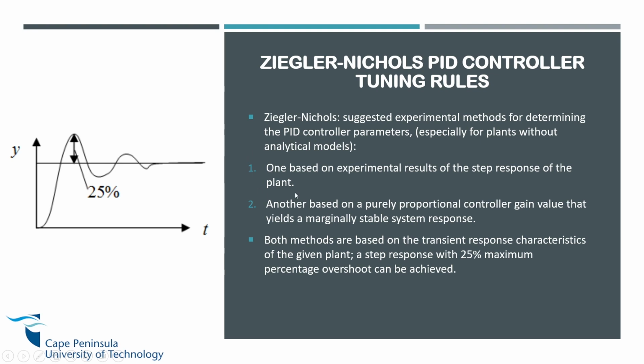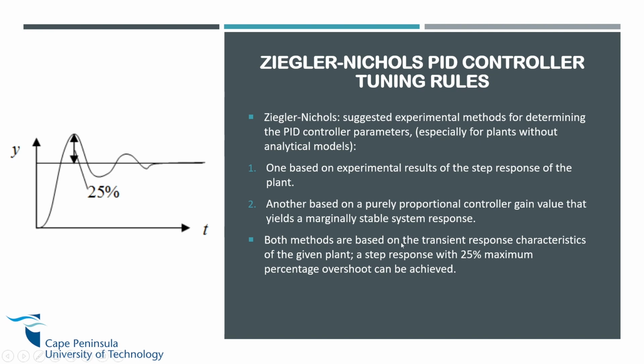Then these are the two scenarios or methods that we will look into, whereby one is based on an experimental result of the step response of the plant. Number two, it's based on a purely proportional controller gain value that yields a marginally stable system. These are two methods that we use to design a PID controller using Ziegler-Nichols tuning rules.